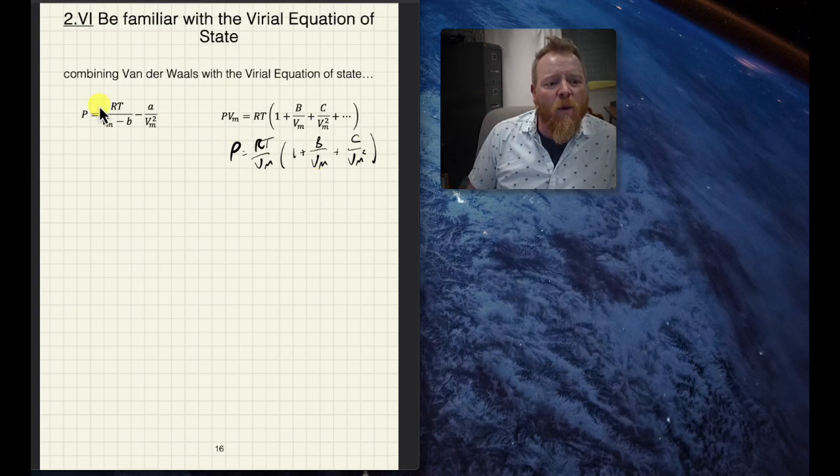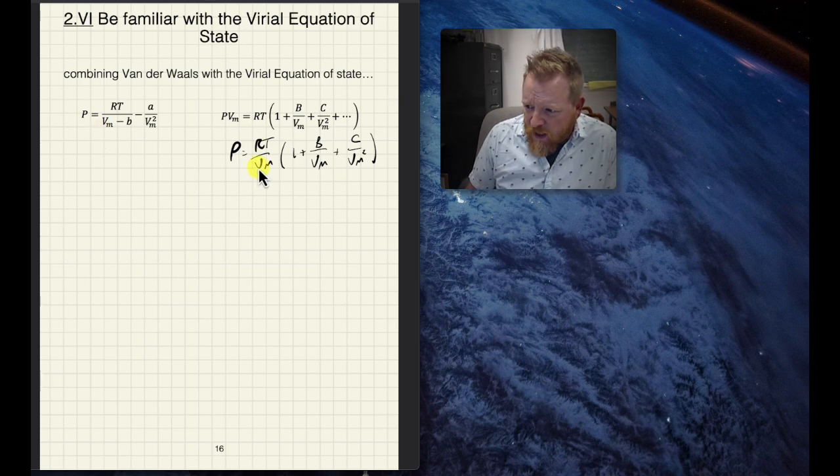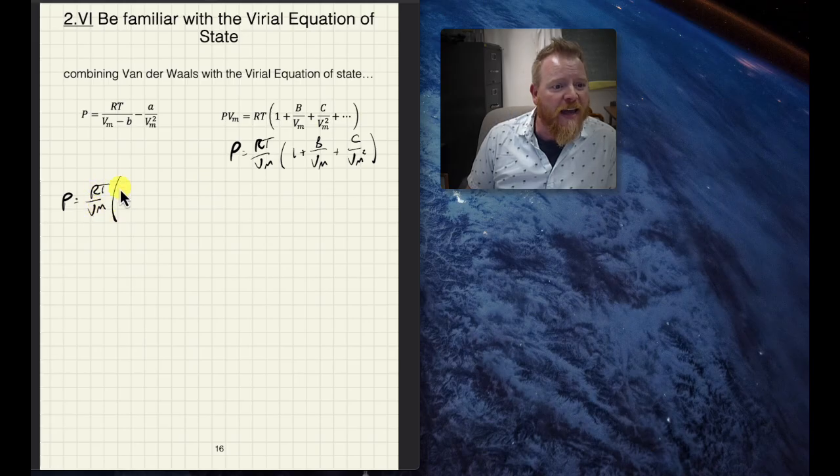And so now what I want to do algebraically is try and rearrange the van der Waals equation so it looks something like this. So I am going to factor out an RT over Vm from this equation. So I'm going to write P equals RT over Vm. And now I've got to recover all of this algebra that I did in the factoring. Well, I factored out an RT from there, so I can just put a 1 on top.